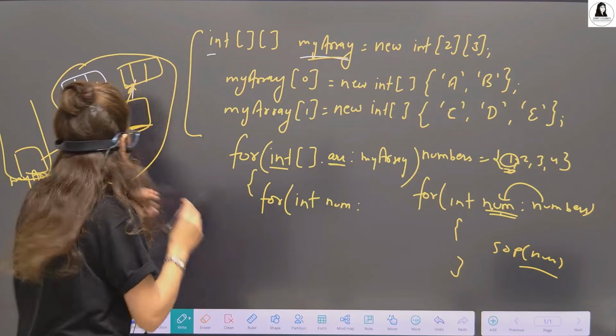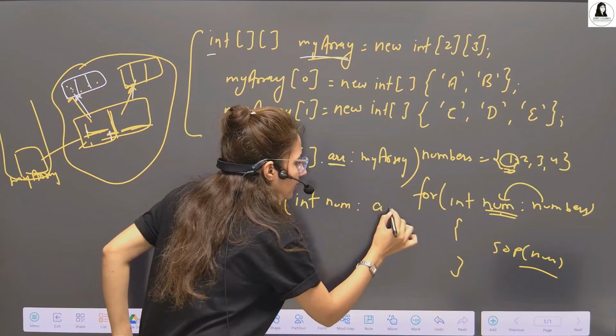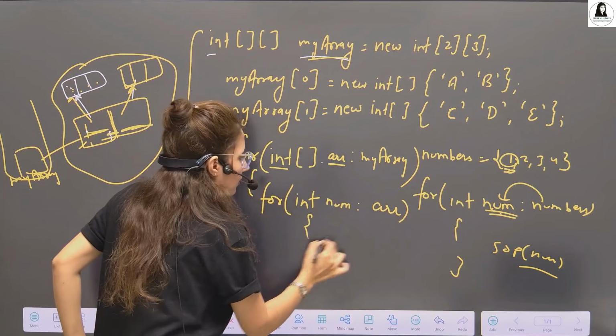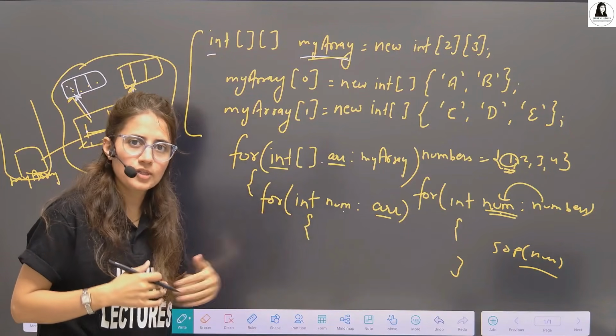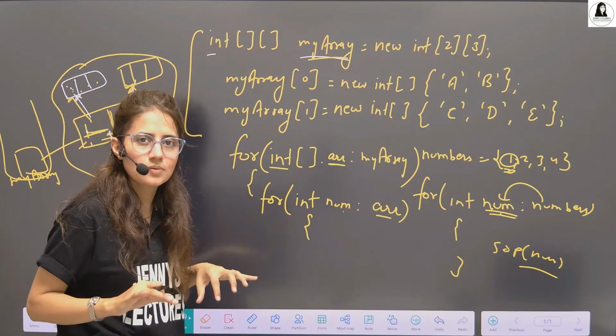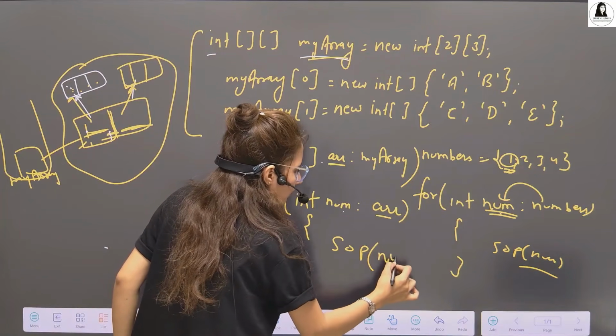In arr now we have fetched this first row. So from arr, from the first row we take the individual elements and the for each loop will store them in num. And now you can simply print whatever the num is.